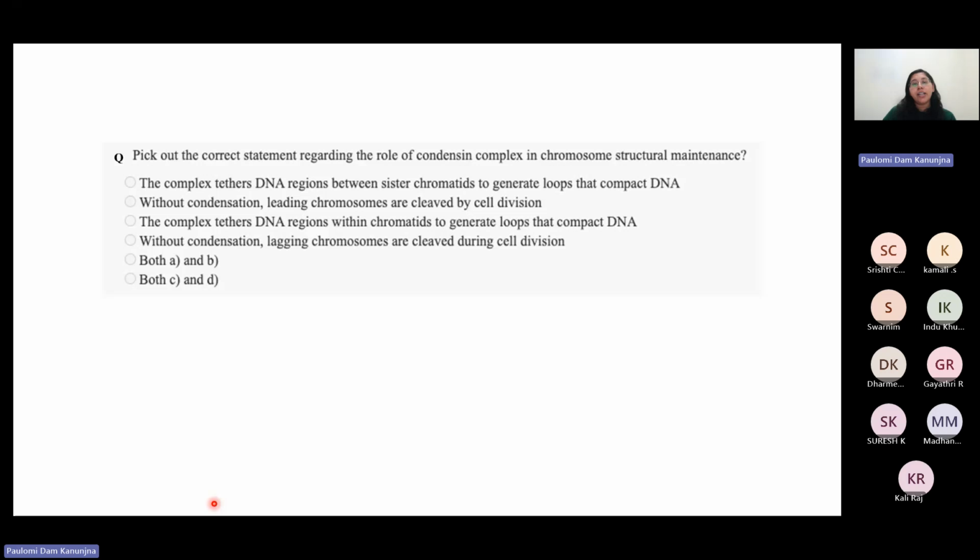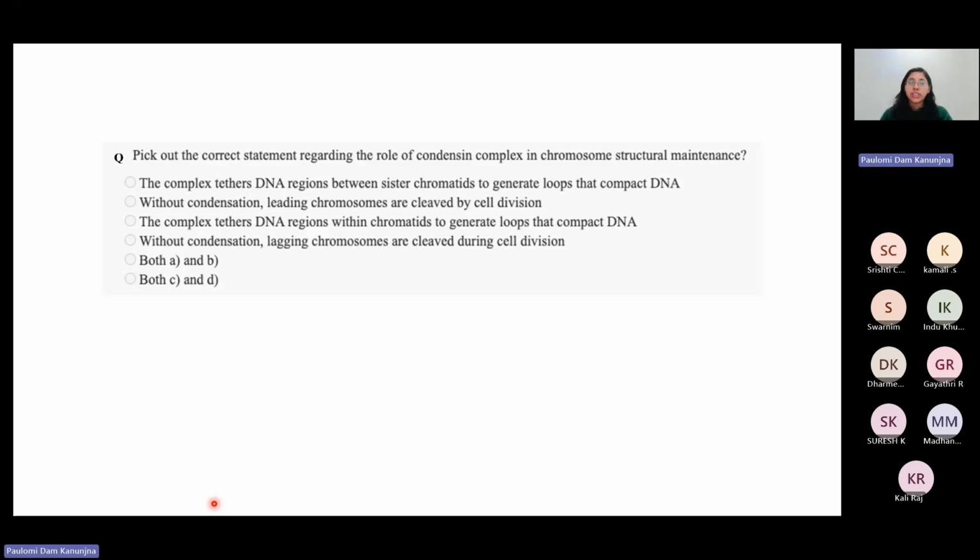Pick out the correct statement regarding the role of condensin complex in chromosomal structural maintenance. Anyone?